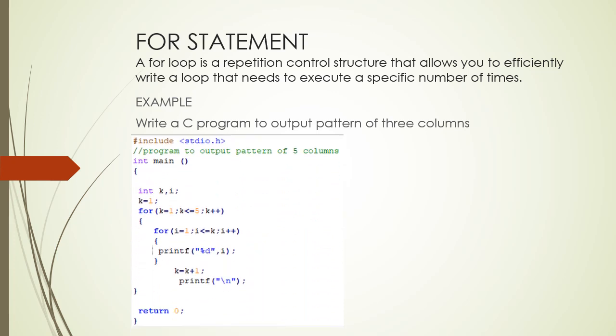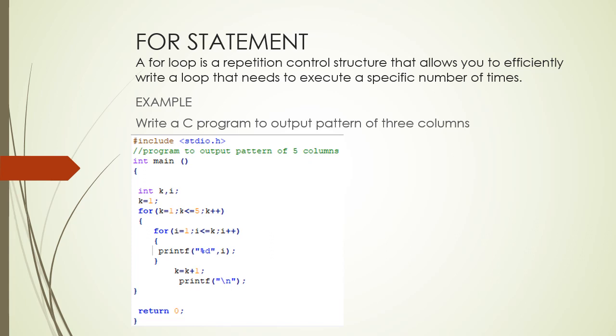So here I've done a program whereby I have declared my 2 variables k and i. k represents the rows and i represents the columns. Here I've initialized where my rows should begin. So it begins from the first row going onwards to 5. So I've said k equal to 1, k is less than or equal to 5, k plus plus.